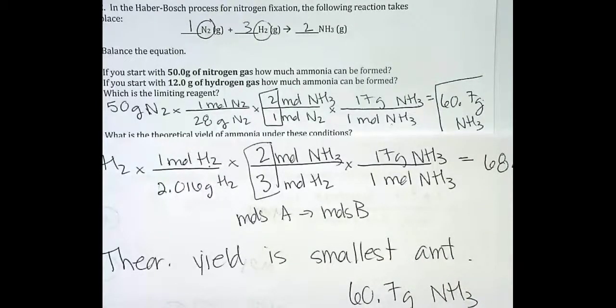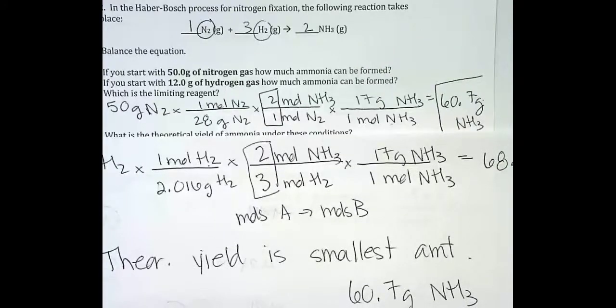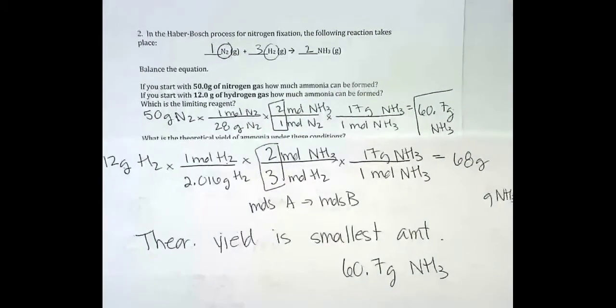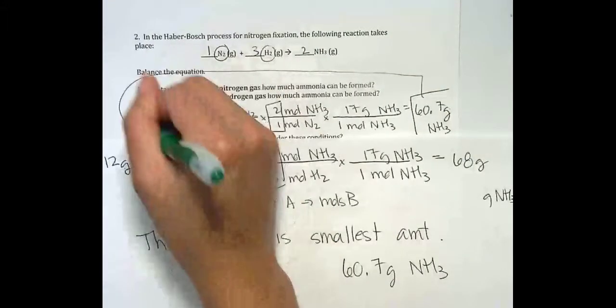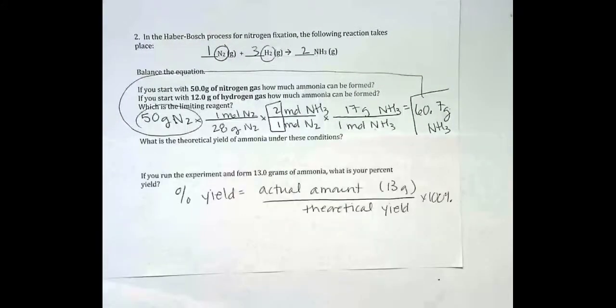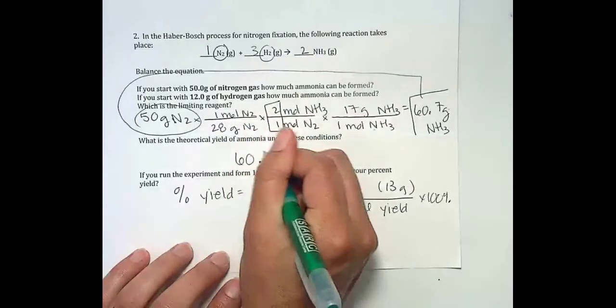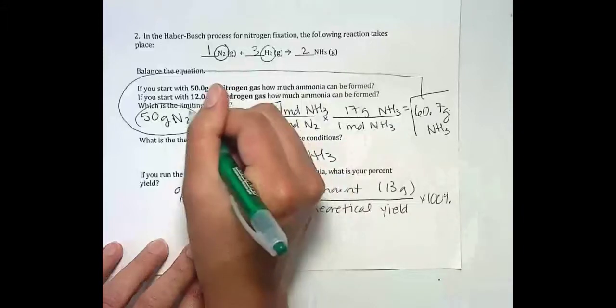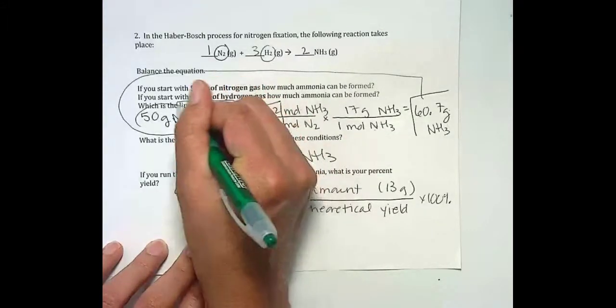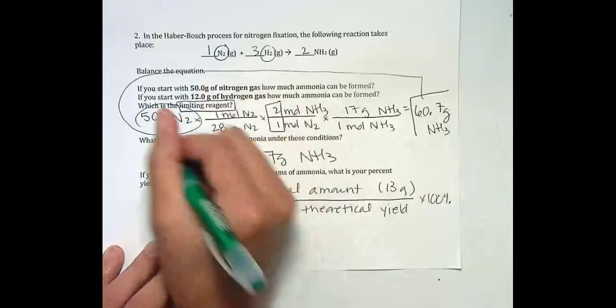Whatever I started with to get the theoretical yield is my limiting reactant. So I pick the smaller number, I backtrack, whatever I started with is my limiting reactant. So this one is 60.7 grams of ammonia. My limiting reagent is N2.